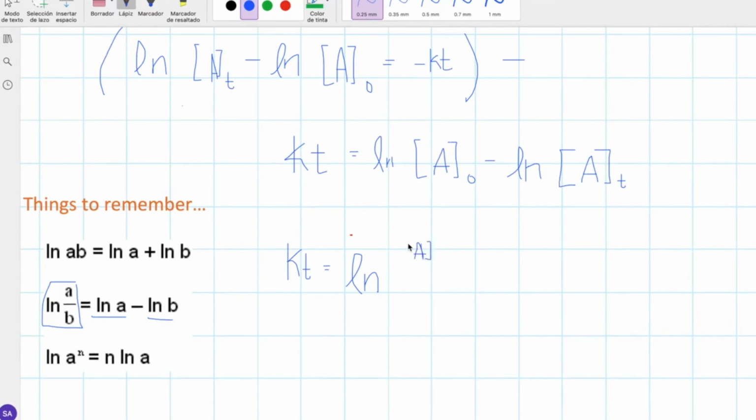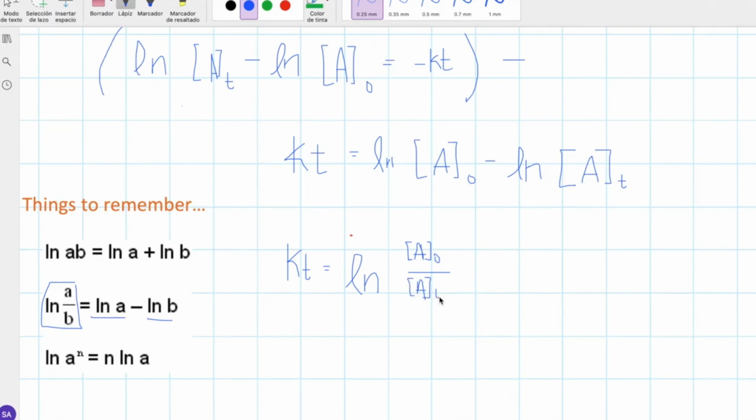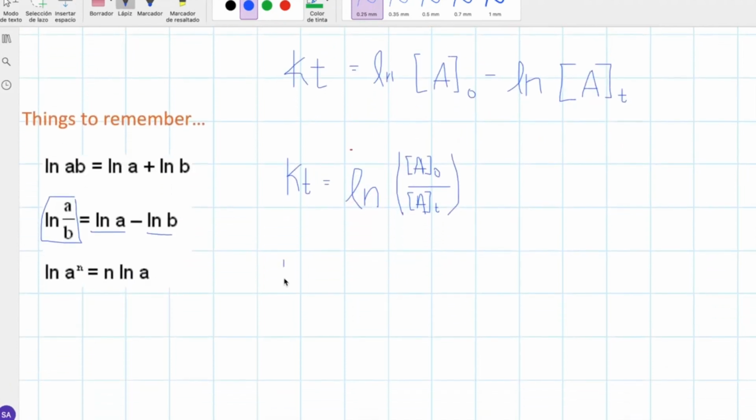So kt would equal ln, and our A, in this case, is our initial concentration, over our B, which is current concentration.